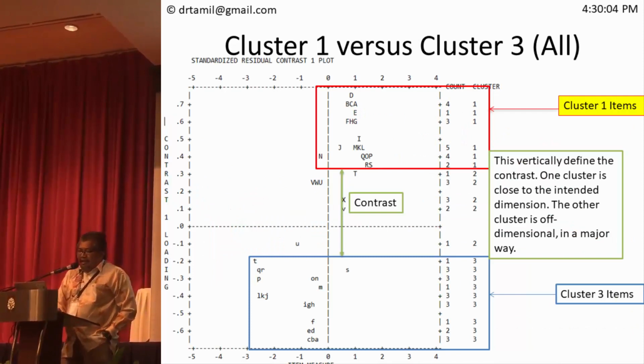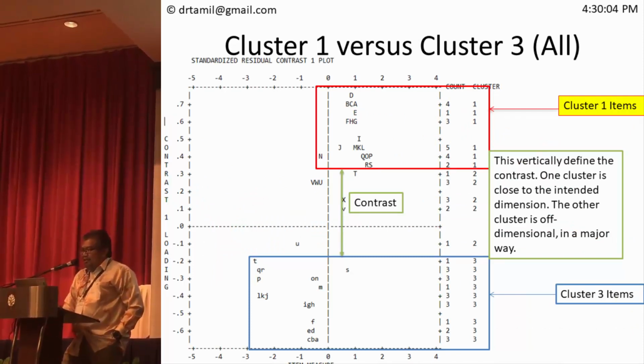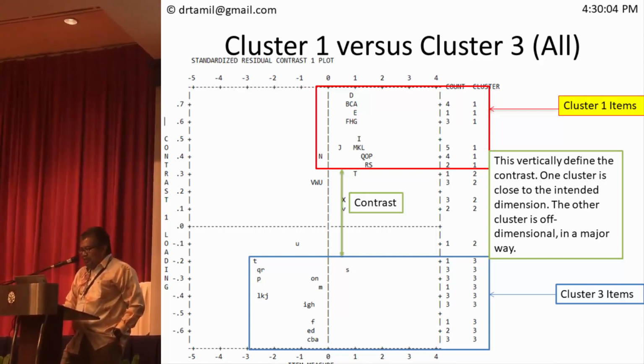This is the thing that I like about Rasch. They have the analysis, they cluster up the items together. And we have 3 clusters here, cluster 1, cluster 2, and cluster 3, based on all the items. And you can see that cluster 1 and cluster 3 are at different places.